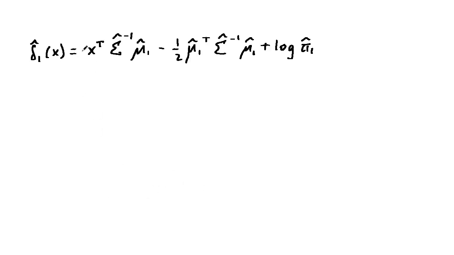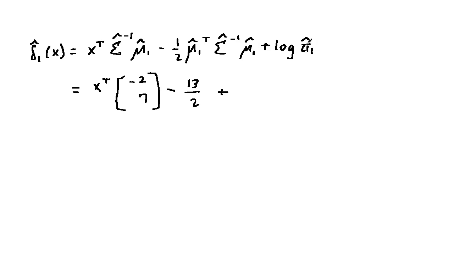Delta 1 hat of x is given by this formula, with mu 1 hat and pi 1 hat here. Using sigma hat and mu 1 hat, we get this. If you multiply that out, we get this. Multiply all this out, we get 13/2.